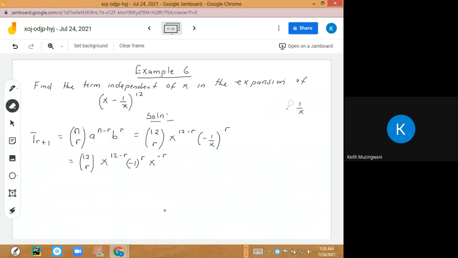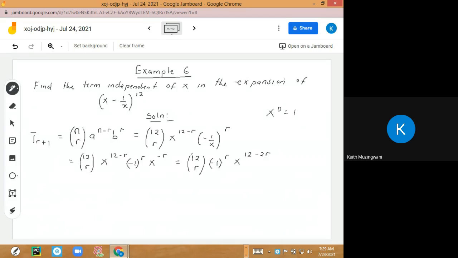Okay, so from there, we're now saying this is 12 choose r, negative 1 power r, and then x. Because we have the same base, we can add the powers. So we have x to the power 12 minus 2r. Now the term independent of x will be the term whose power of x is 0. Because you guys understand that x power 0 is what? Is 1. That term doesn't have x.